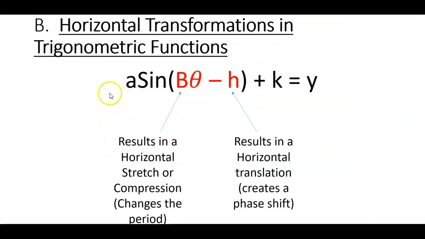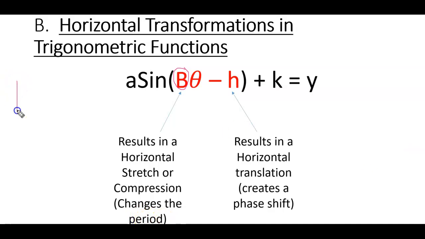So, and you guys remember also something we talked about with our horizontal transformations for their last discussion last week was that this number here is the main number that determines whether you have a horizontal stretch or compression. And because it stretches your graph or compresses it horizontally, that will result in a change in the period of your function.